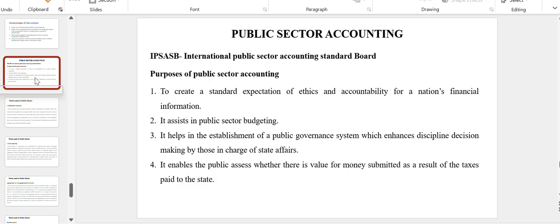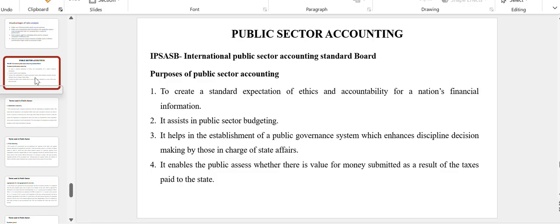Number one, to enhance accountability, okay, for a country or for a nation. There is that expectation from the members of the public that because they are paying taxes, because you are borrowing money to finance your expenditure, you need to account for every coin.